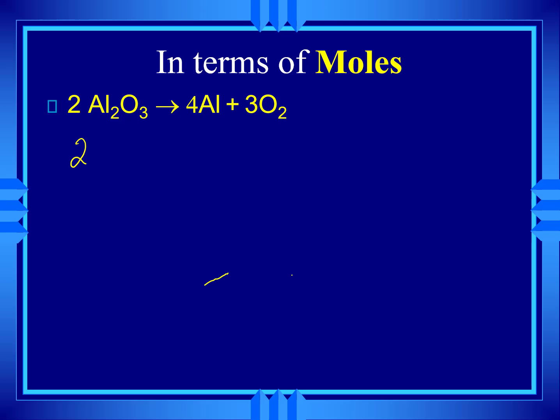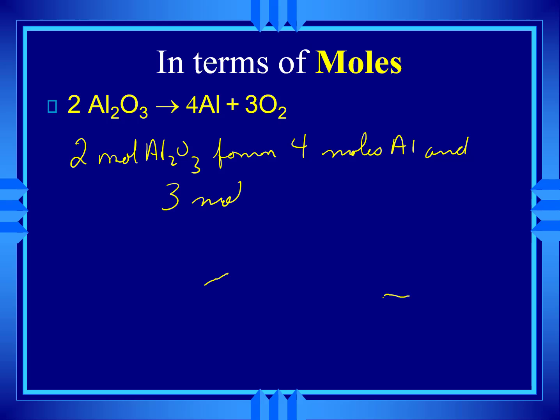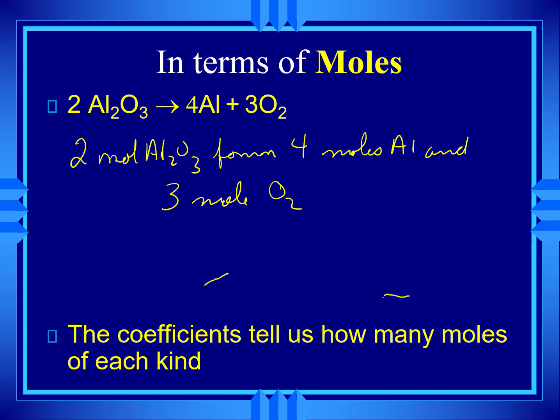To interpret in terms of moles is easy because I can just say 2, and then I'm going to do it Avogadro's number of times, so I am going to have 2 moles of Al2O3 form 4 moles of Al and 3 moles of O2. The whole idea here is the coefficient tells us how many moles. We can read these equations in moles.